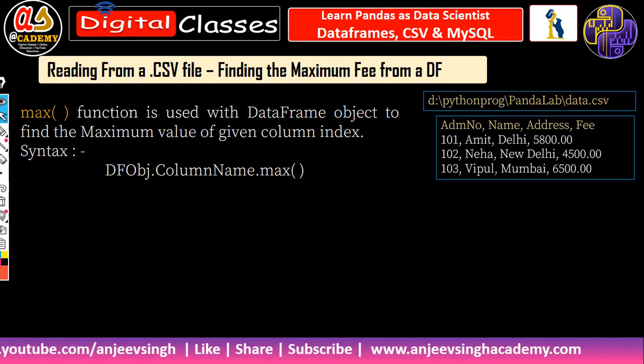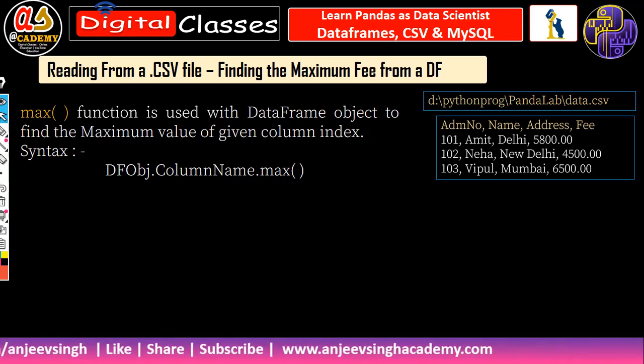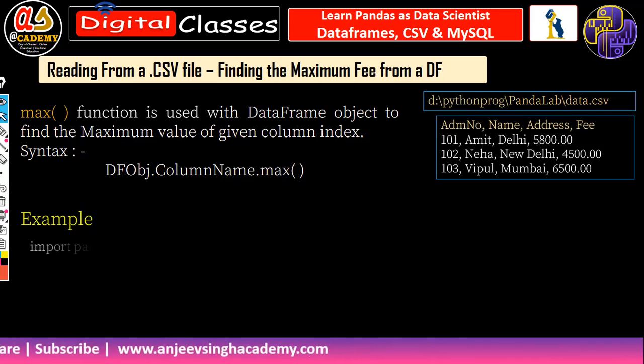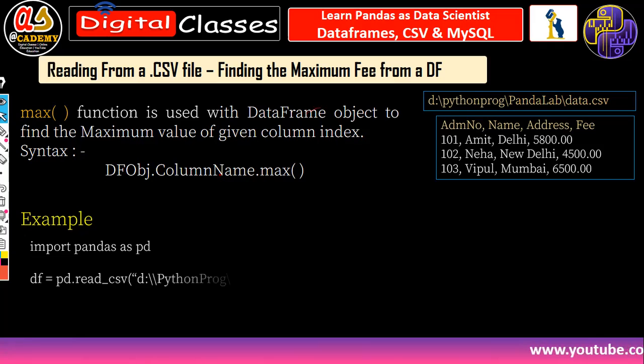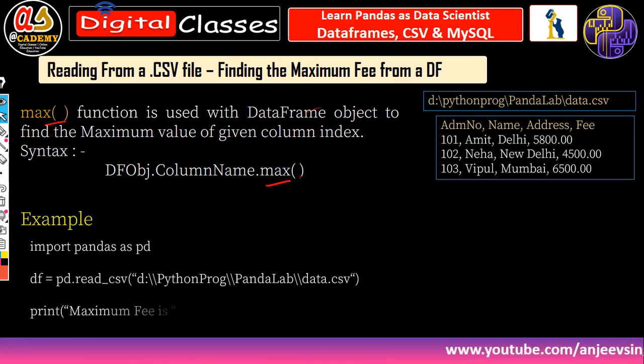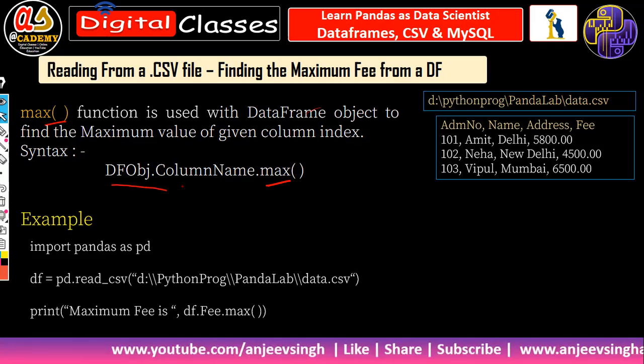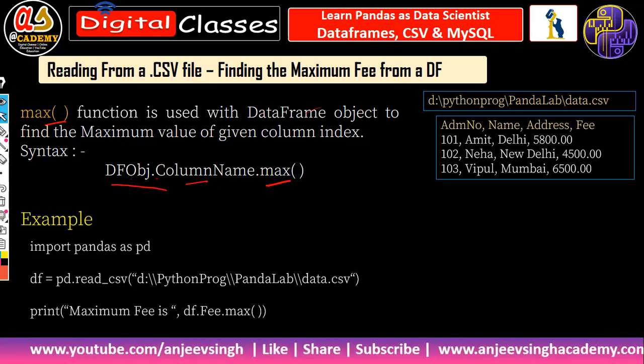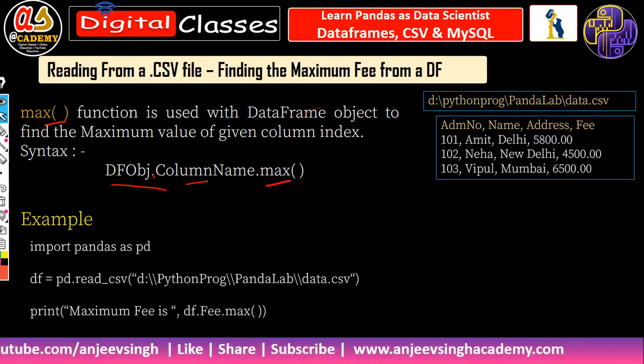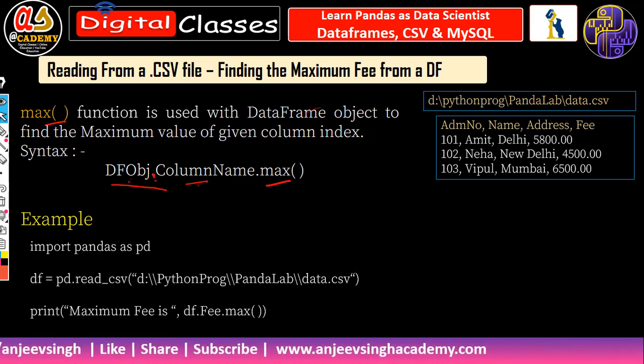So you can use any function like this. If I want to find out the maximum salary or the minimum salary, I can use this syntax here. It's very easy, just the max function, the mean function. You can call the max function, you can call the mean function, you can do different types of calculations also, because you are free to access the column by using the dot notation concept, meaning data frame dot column name.